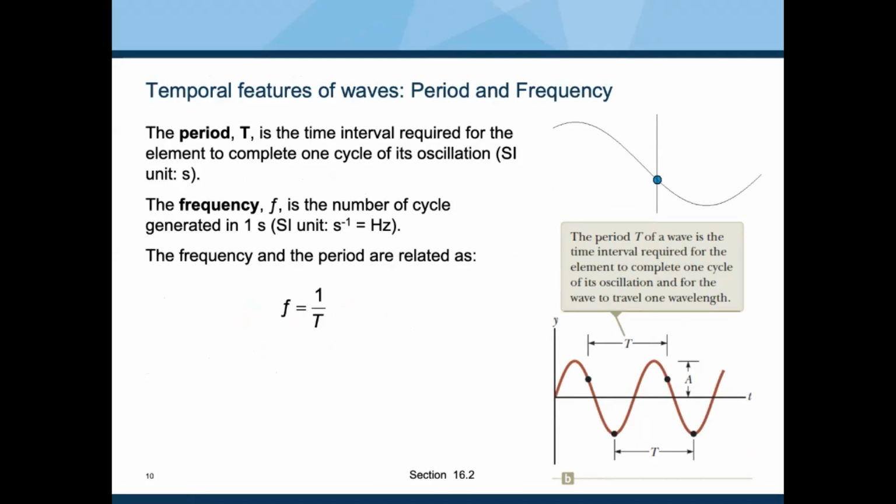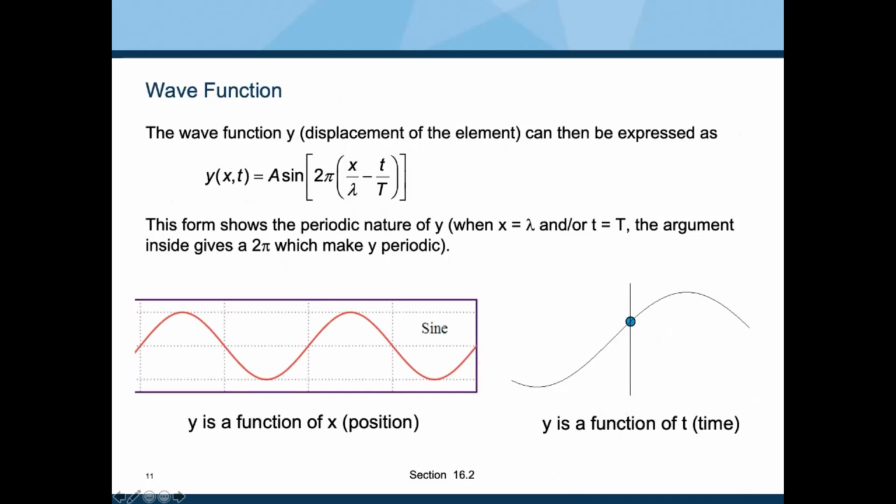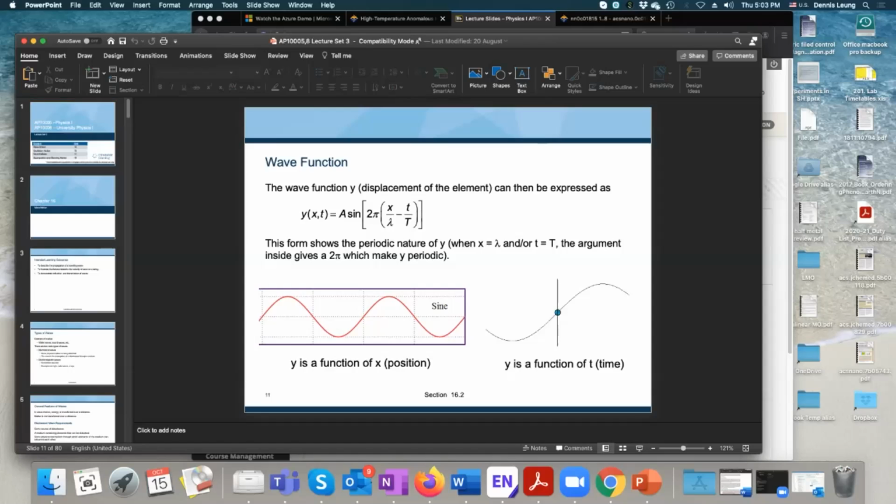Therefore, we could try to map out the displacement of the particle from the equilibrium point as a function of time. At different times, the position of the particle from the original point would be different. I'm sorry, you cannot really stop it easily.